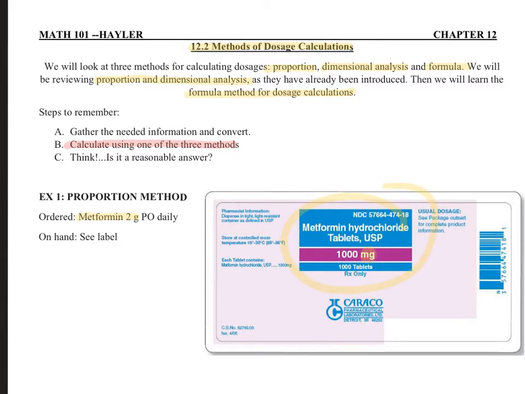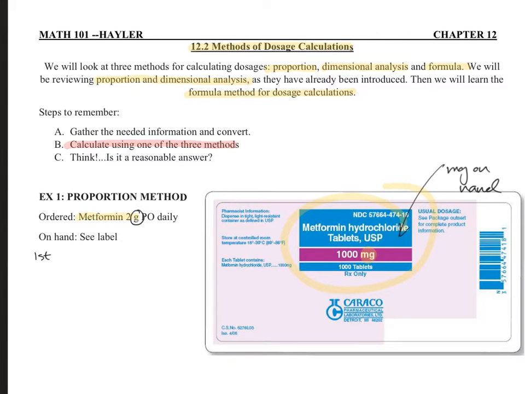So what we have on hand is milligrams on hand. And we are given our dosage in terms of grams. So the first thing we need to do is turn this into the right dosage with what we have over here.